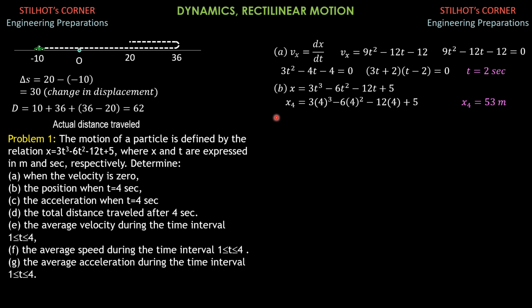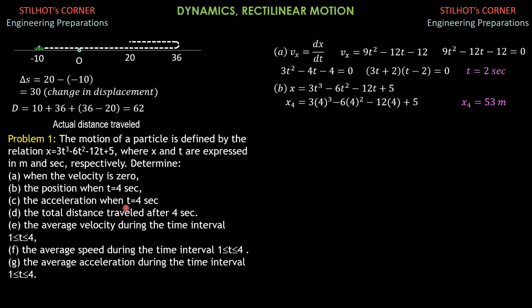We can view that when we proceed to letter D, because the only way we can clearly compute the total distance traveled is to plot the position of the particle from 0 to 4, or we may extend that to 5.